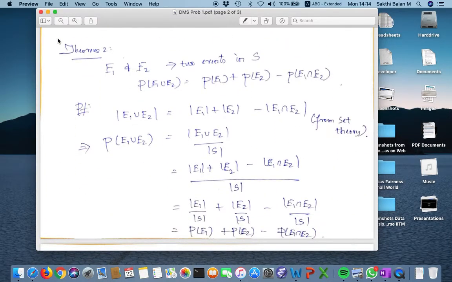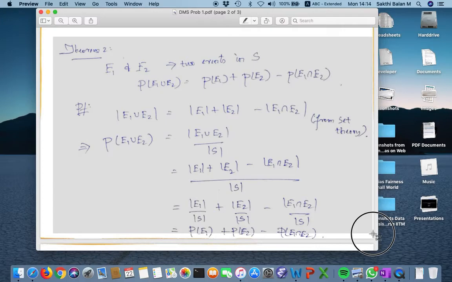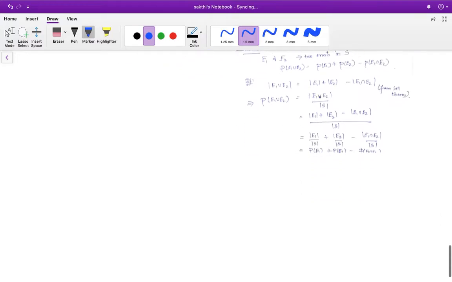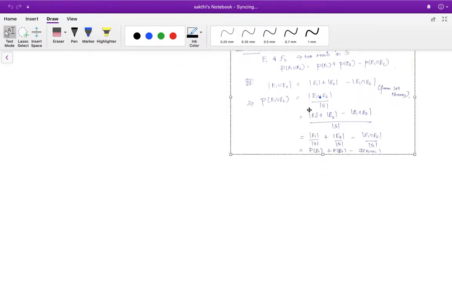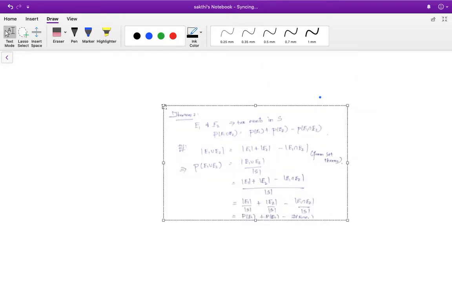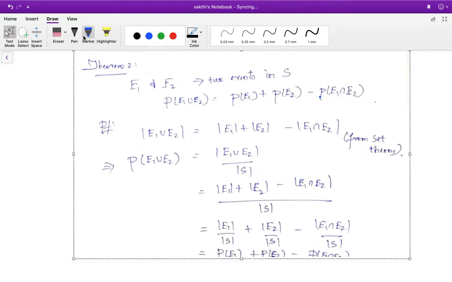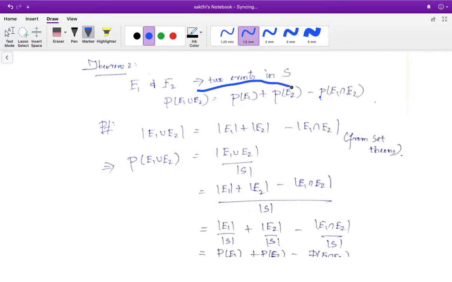The second theorem states that if there are two events, E1 and E2, okay, so these are the two events we have, then the theorem says probability of E1 union E2 is nothing but P of E1 plus P of E2 minus P of E1 intersection E2. Okay, so this you need to prove.